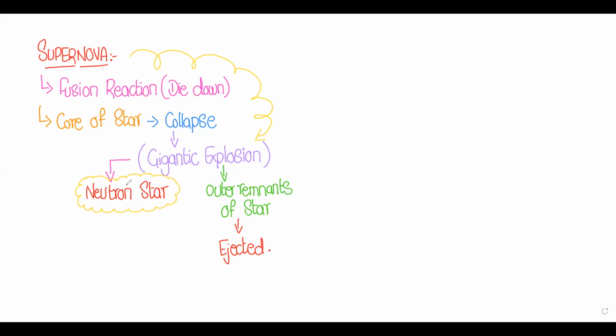So we are only talking about this stage, that is neutron star, because the ejection process we already discussed in the planetary nebula, so this will continue with the planetary nebula, but we are only talking about that neutron star.